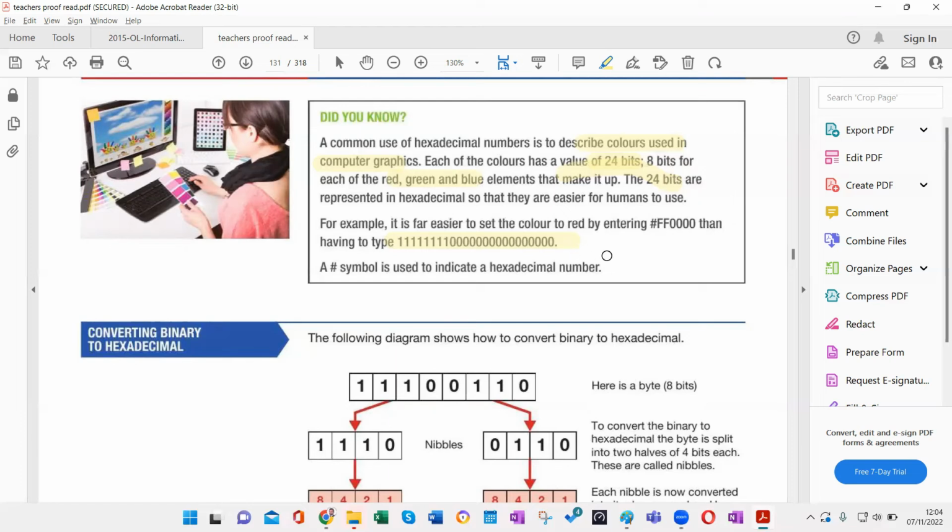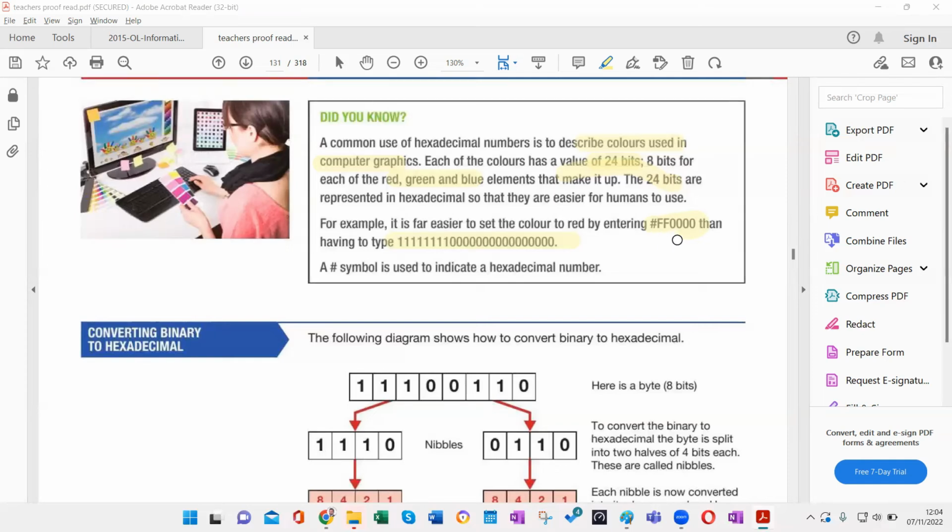And this can be represented in hexadecimal using just 3 pairs of hexadecimal values. That's FF0000. So this was possible because we used hexadecimal numbers.